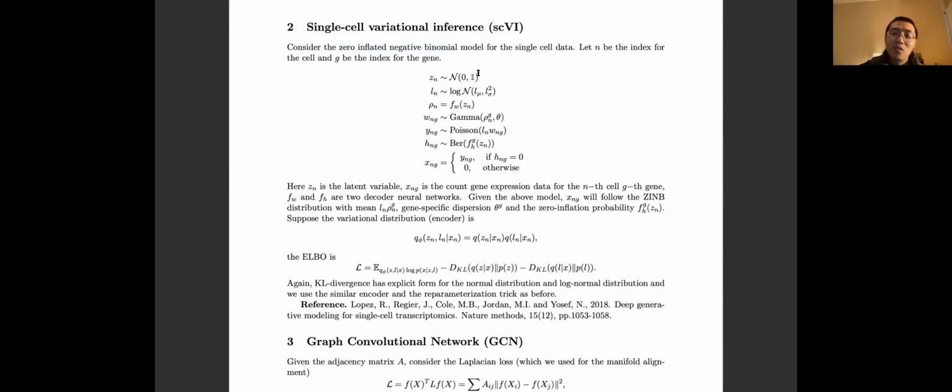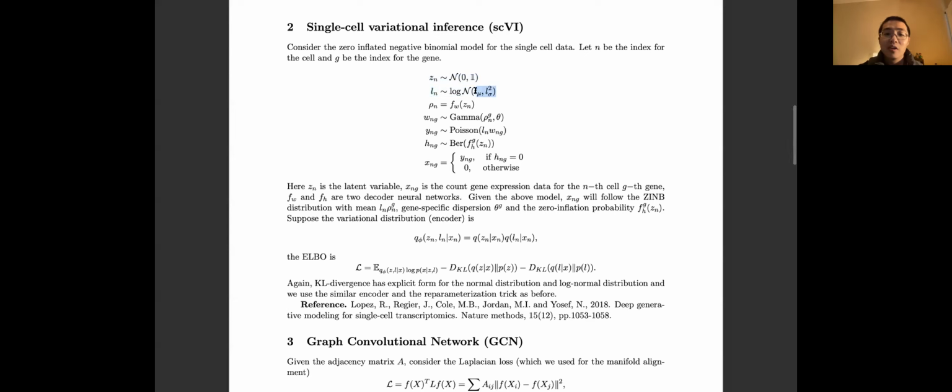The first term is the prior. In fact, this model has two priors. First is ZN, the latent variable as before, which is sampled from a standard normal distribution. Second is LN, the library size for the single cell data.